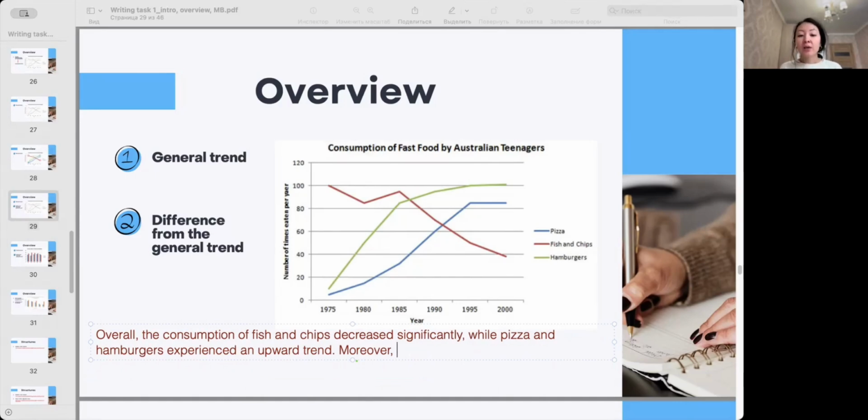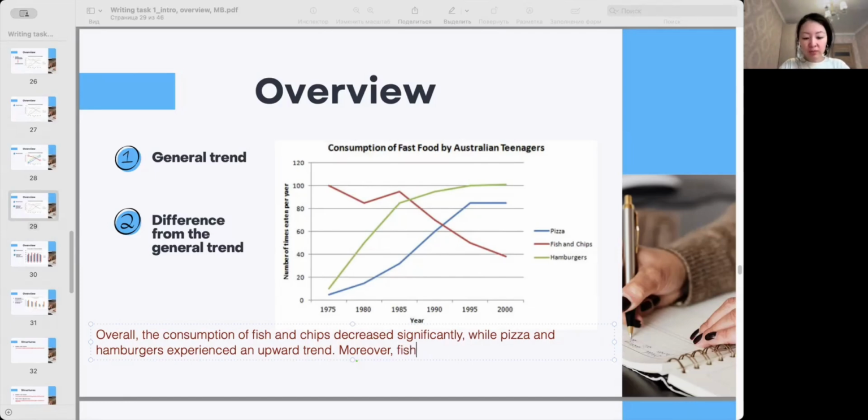In contrast. Here, I want to strengthen the idea that there was a decrease and increase, and moreover, it was not just a decrease and increase. It was a complete change in the positions of these categories, right?